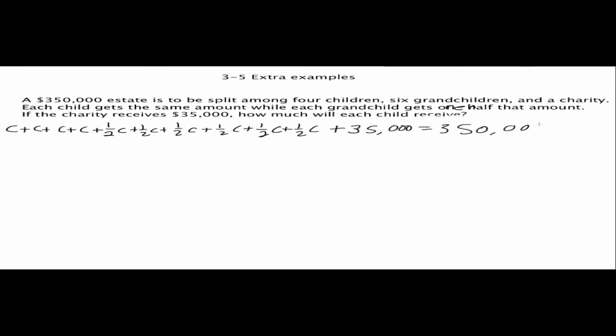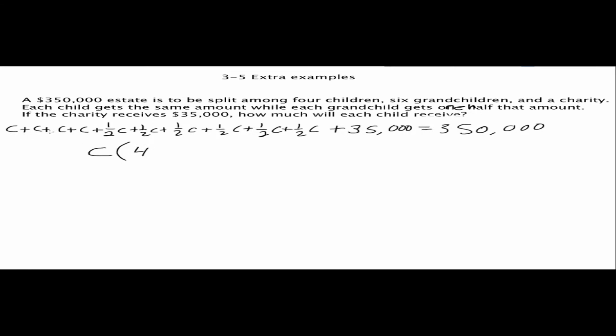So now we can look at combining like terms. The common factor here to use in the distributive property is a C. So it's C times 1, 2, 3, 4. There's 4 1C's, right?